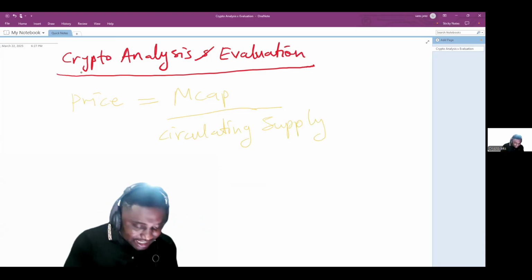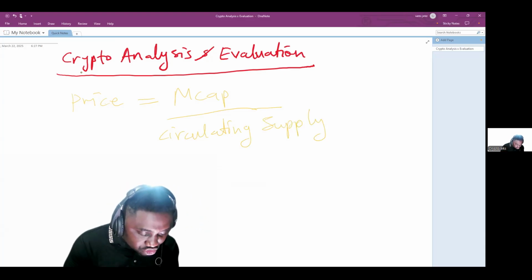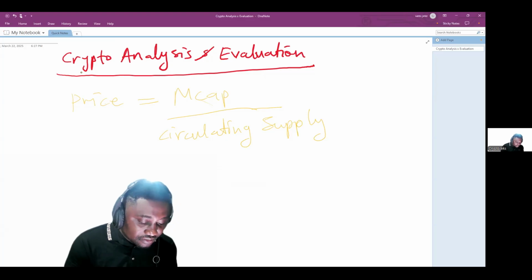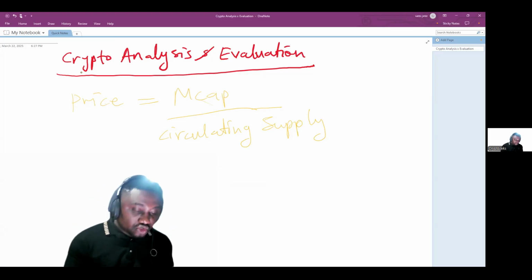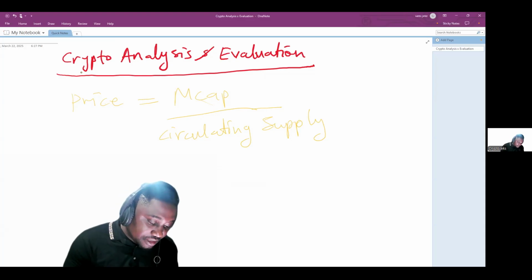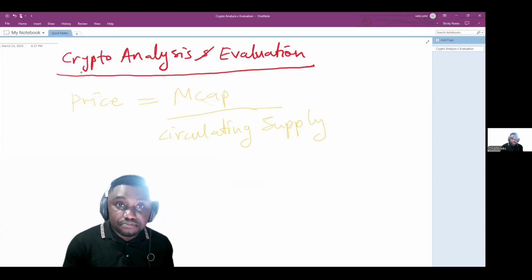Don't forget that the market cap is the total value of what? Of the circulating supply of the coin. It is the value of the total coin in circulation, just like we discussed earlier. So this is the price here. To determine the price, we divide the market capitalization by the circulating supply.